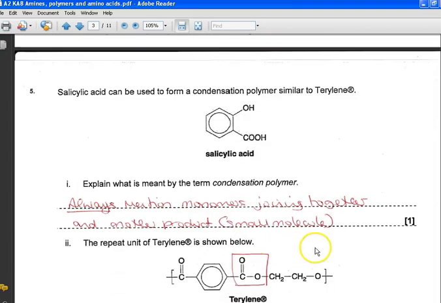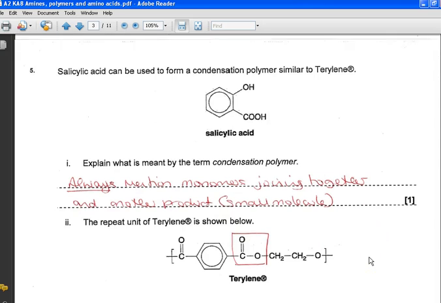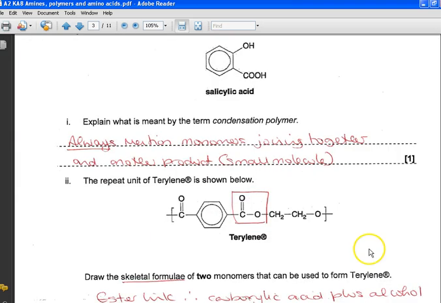Right, okay, so now we're getting into some of the more meaty questions. You're given a skeletal formula for salicylic acid. You're asked to define condensation polymer, and a lot of you didn't mention that it is many monomers joining together.